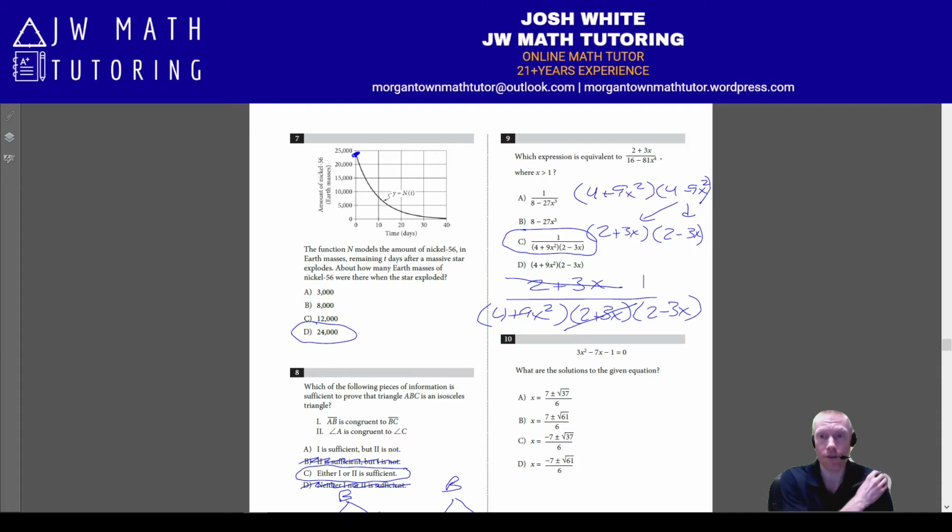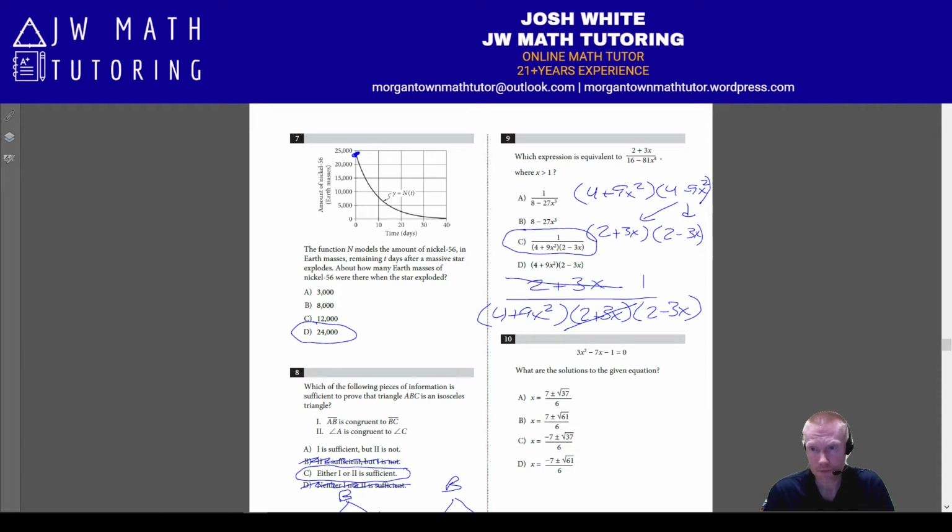And now one other thing just to be aware of. Another method you could use to solve this problem is to pick a number for x, plug it into the original expression, and then plug it into all of the answer choices and see which ones match.